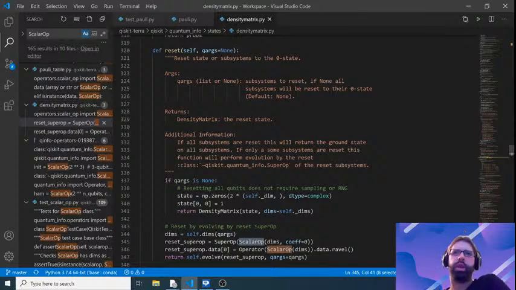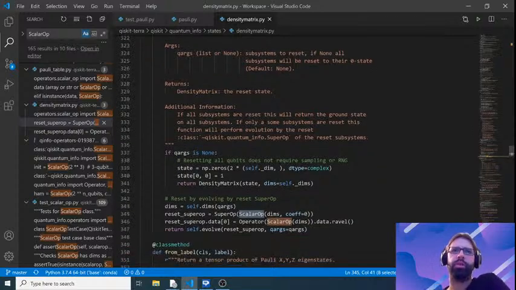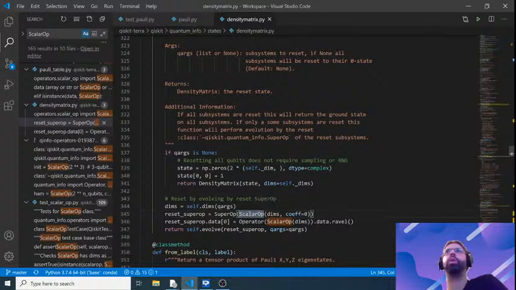So it creates a reset super operator as a super operator. Okay, and that's an identity with coefficient 0. So it seems the scalar operator is just a way to generalize the identity.